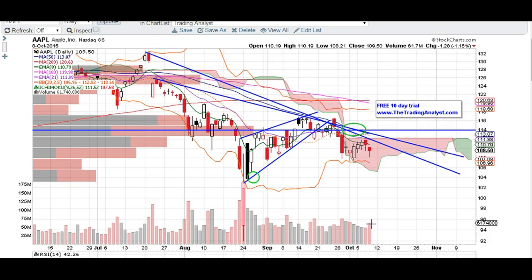You want to see volume confirming the move. Is the stock rising? Well, volume should be rising or staying consistent. And on the consolidation pattern, because the trend is down, and by consolidation right now, I mean the upward movements, we want to see lower volume. And this is, of course, if you have a short bias. If you're long, you want to see rising volume as the stock is rising. You don't want to see the opposite occur, okay?